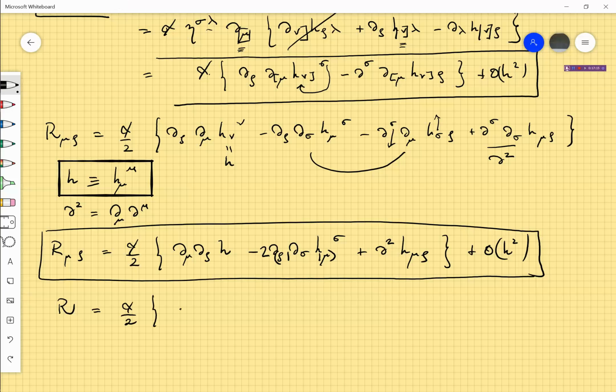So this gives partial square h minus 2, okay, let's write this as partial nu h mu nu plus partial square h. So you get a factor of 2 here. We remove this term, and now we cancel this factor of 2 here and here. Okay, plus terms of order h squared.